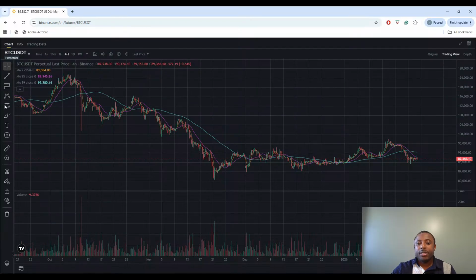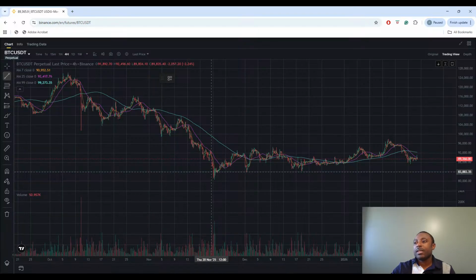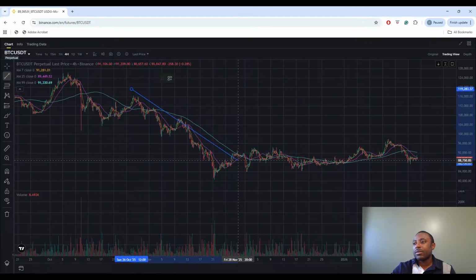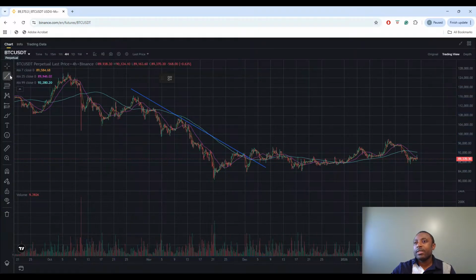So how about this area? What do all these things here mean? These ones represent the line. You want to draw a line on the chart, you just click on it. You can draw a line here. We'll draw two lines, same thing.